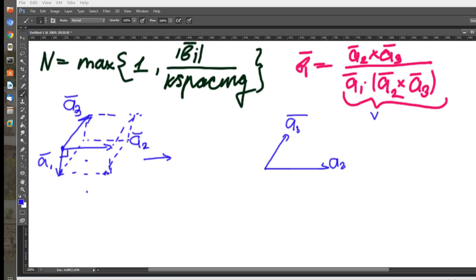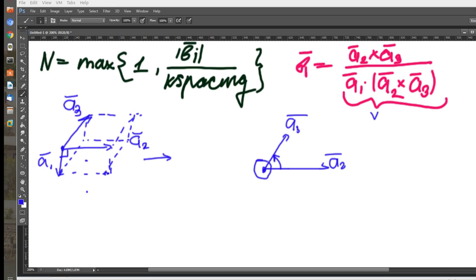According to the vector multiplication of vectors, the final vector should be perpendicular to both of them. So that vector should be perpendicular to that plane, and the direction of that vector should be, if we have such rotation, so we multiply a2 by a3, and the final vector should look at us.